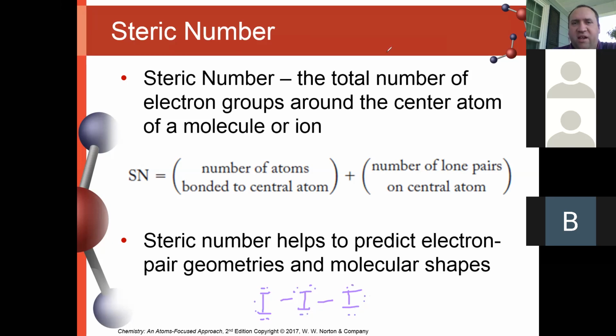If I'm looking at the steric number for this iodine in the middle, I can see that it is attached to 2 other iodines, and I also have 1, 2, 3 sets of lone pairs. So the steric number for this one is 5.